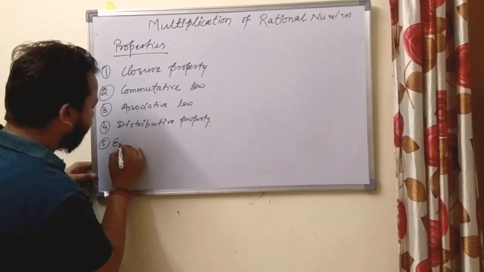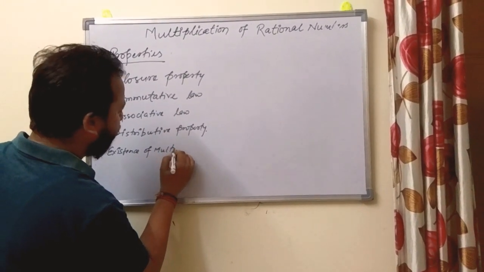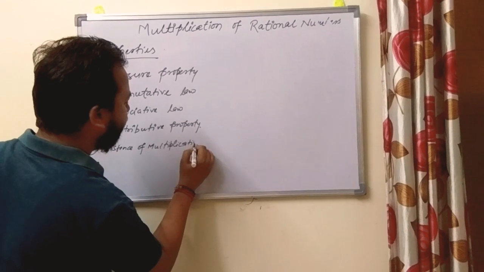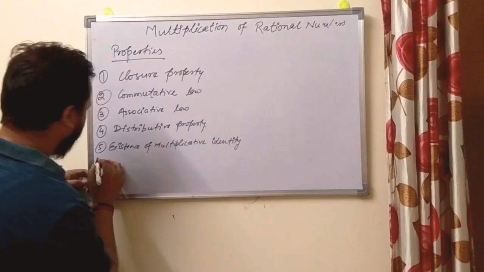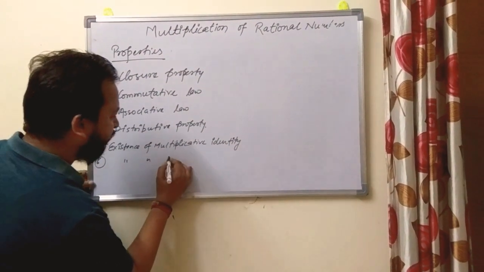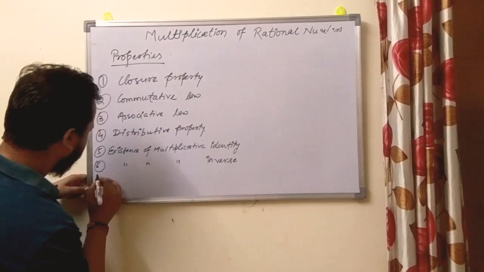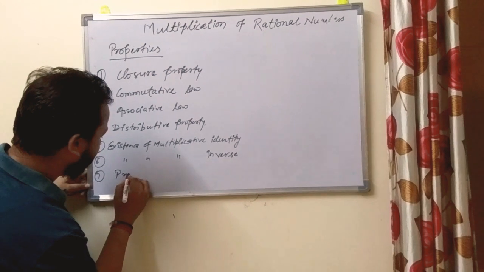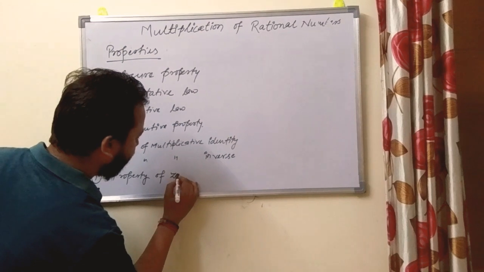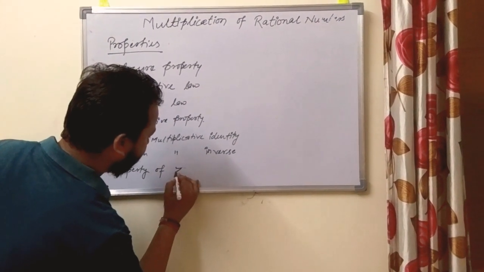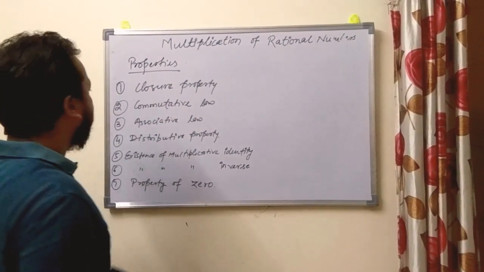Fifth one is existence of multiplicative identity. Sixth one is existence of multiplicative inverse, and seventh one is property of zero. Right? So we'll discuss the properties one by one.